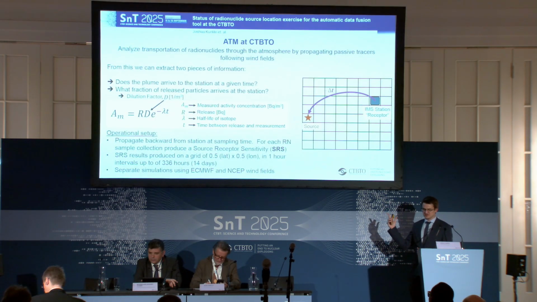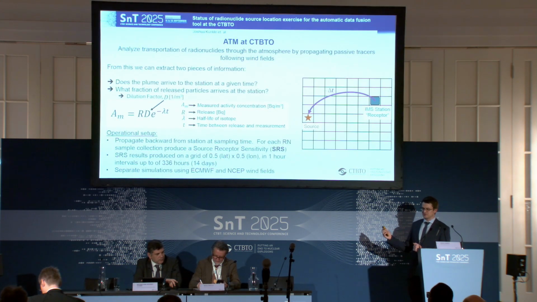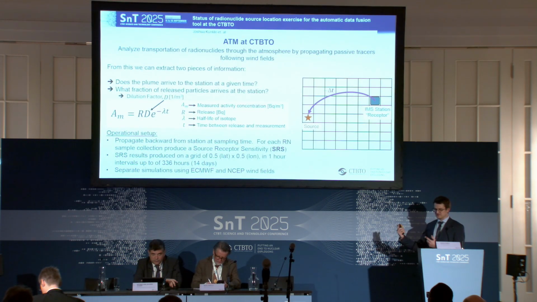So then we have this equation. If you know the release R and the dilution factor D, and you incorporate the radioactive decay, then we can estimate the measured activity concentration. At the CTBTO, we run a backward simulation for each sample, and this produces our SRS results.